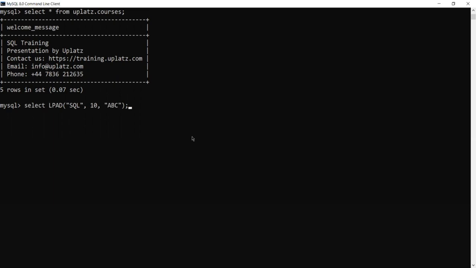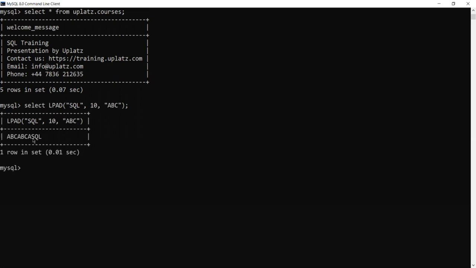So when I do this, I get a new string. You can see that on the left hand side of SQL is my original string, and ABC is added so that the total length of this string equals the length that I have given.